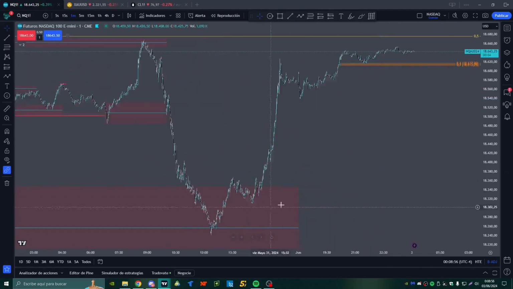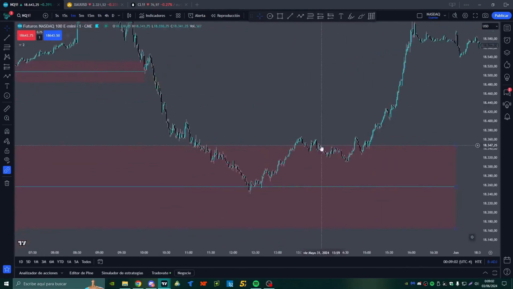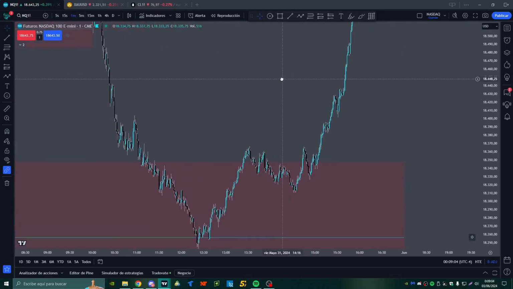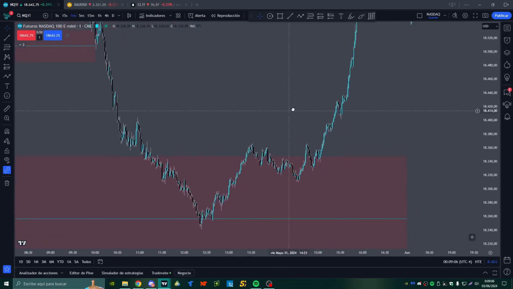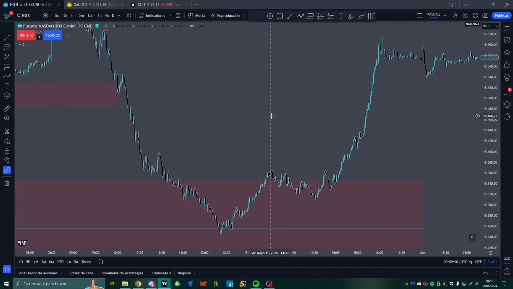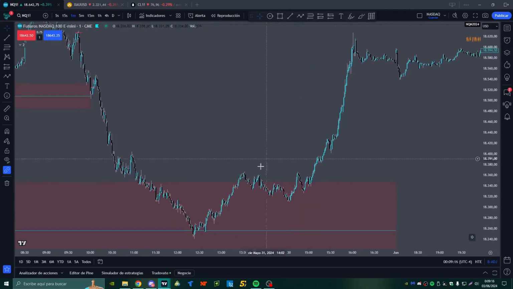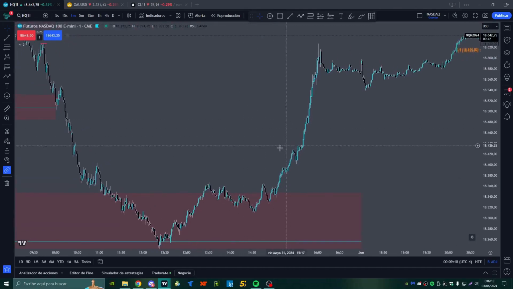So why do we use the lowest time frame we have available? Well, the lowest as such would be 1 second, but it's not really that useful to go to 1 second. I mean, 5 seconds is fine. It's enough. There's no need to get into the adrenaline of 1 second.